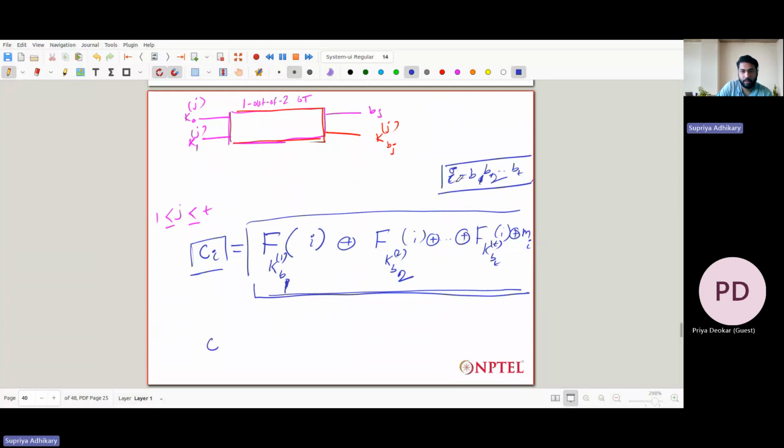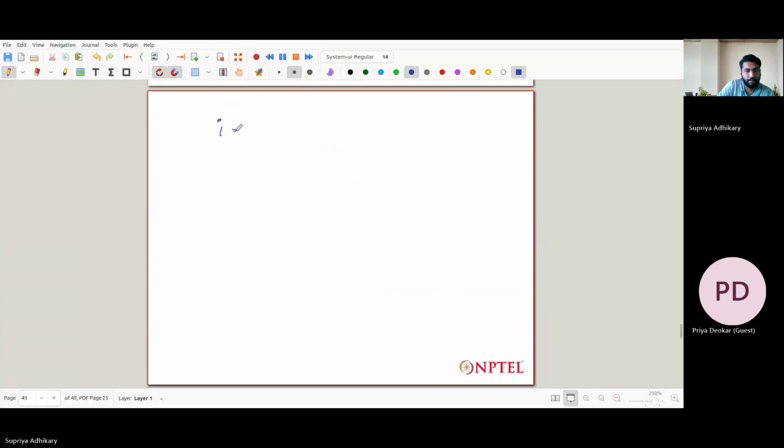But for any other I that is not equal to I, let's consider that as I dash, such that I dash is B1 dash, B2 dash, up to BT dash.